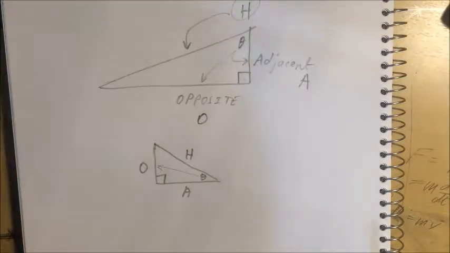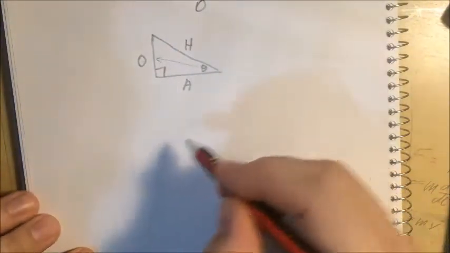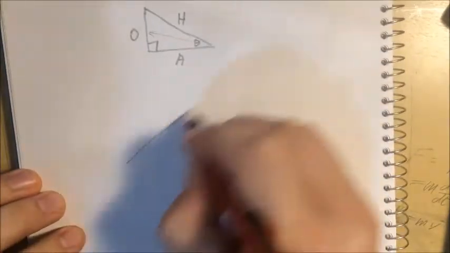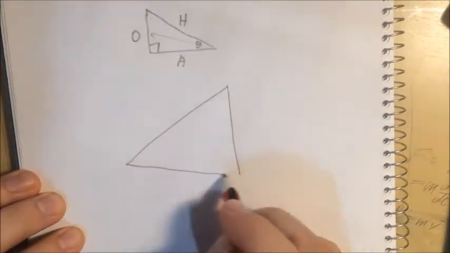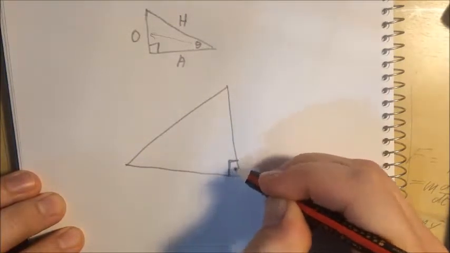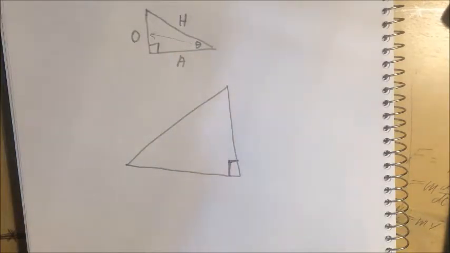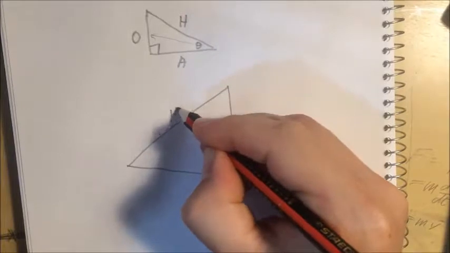If we just did one more example, we draw some random triangle here. Pretend that's a right angle. If I label that as a right angle, it's 90 degrees. It doesn't even need to look 90, but because it's labeled 90, this becomes the hypotenuse.